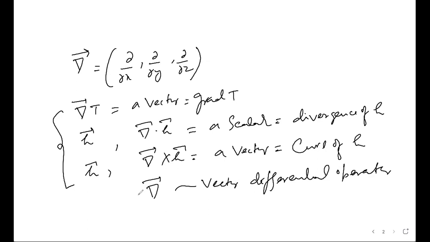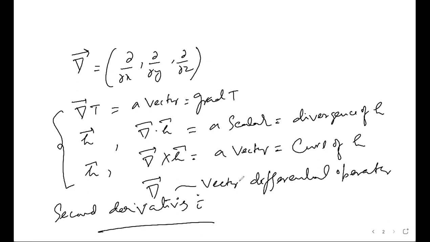And then the idea was, can you go one step ahead, right? And the one step ahead was to construct the second derivatives. So once you construct the second derivative, what sort of second derivatives can you construct? You remember we have a scalar field, and then you construct a vector out of the scalar field with this operator, right?